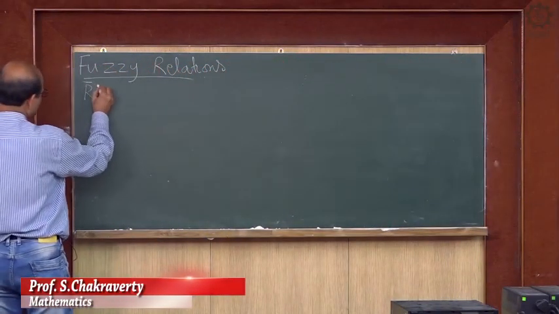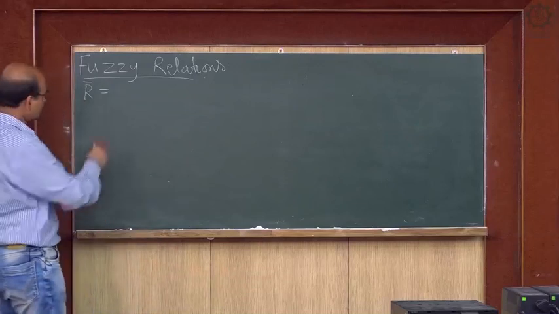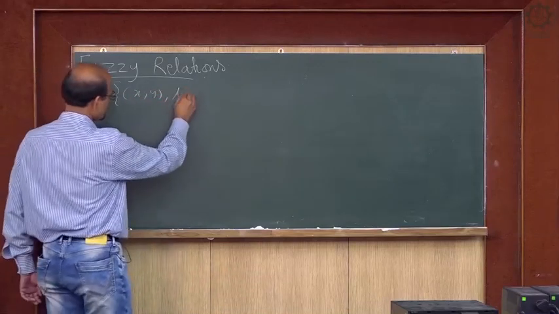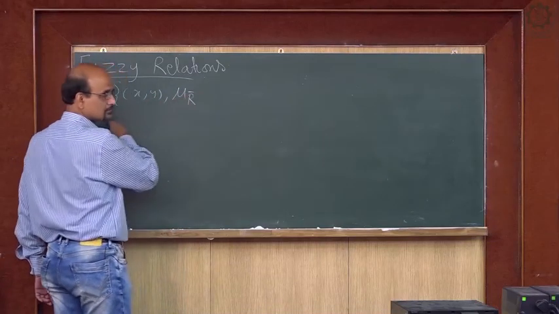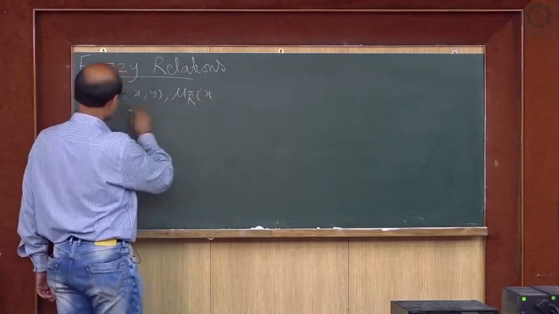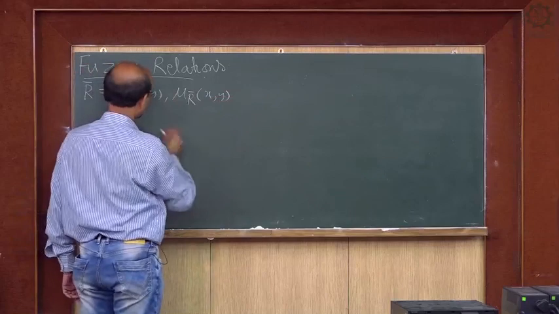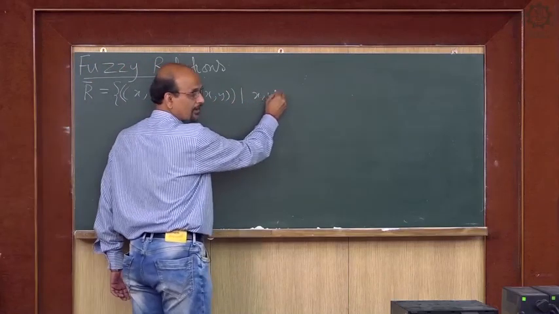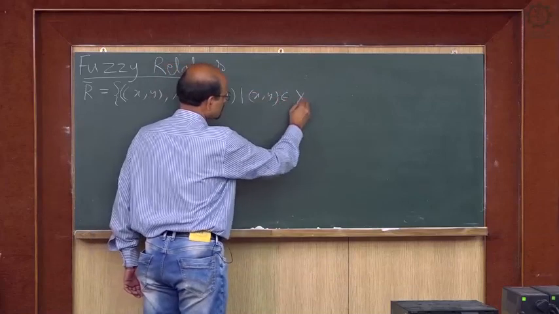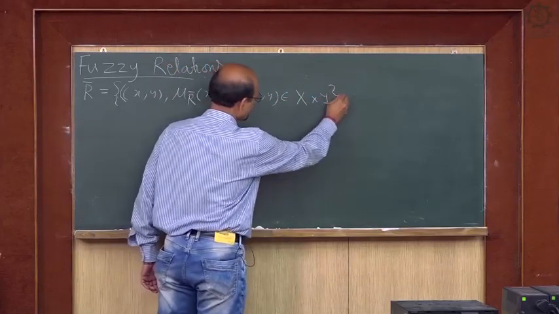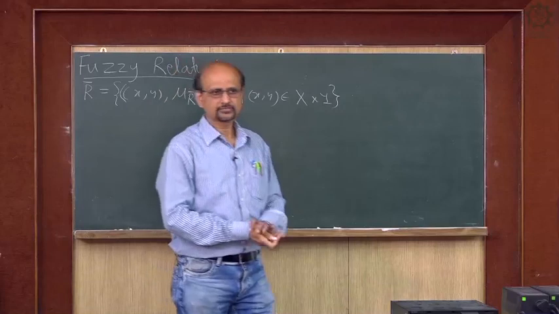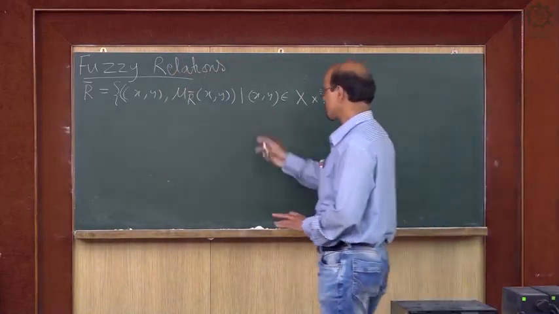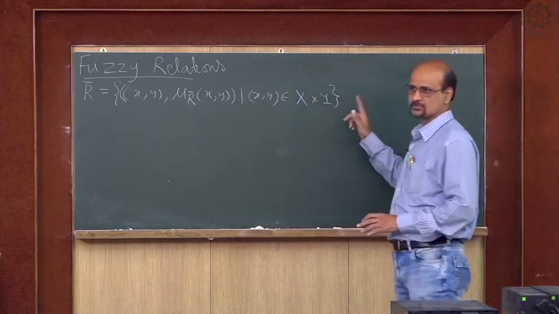This I already defined in the last class: R bar is equal to x, y and the membership function of this relation R bar, mu R bar (x, y), such that x, y belongs to X cross Y. Okay? This we had defined in the last class.